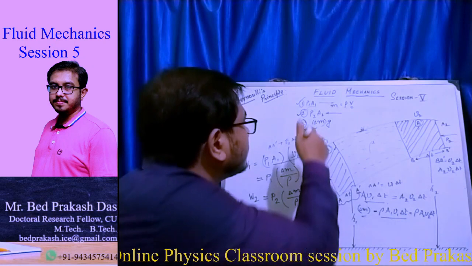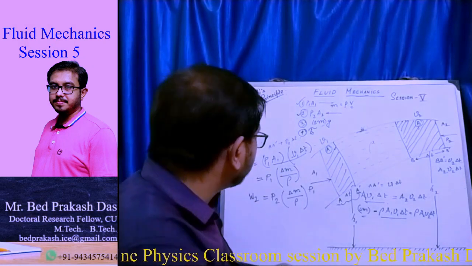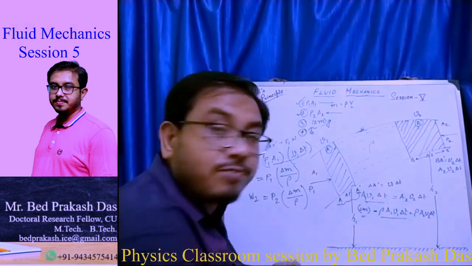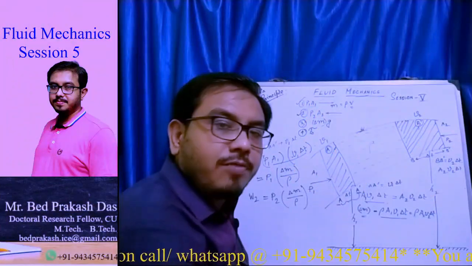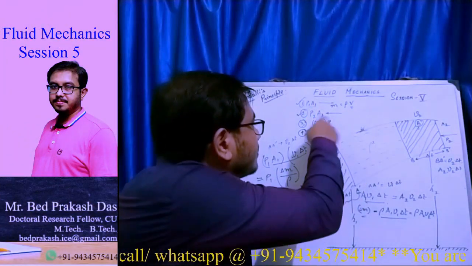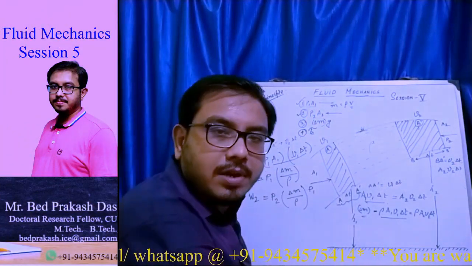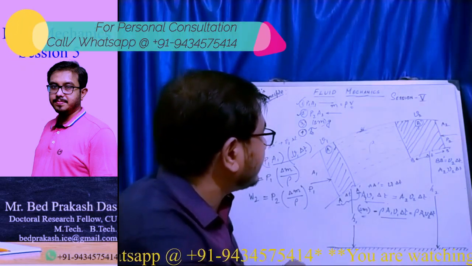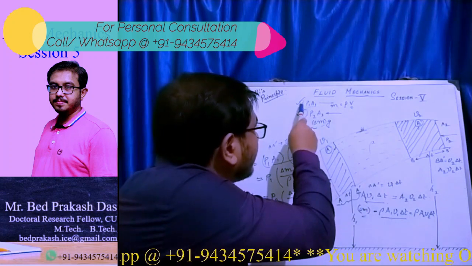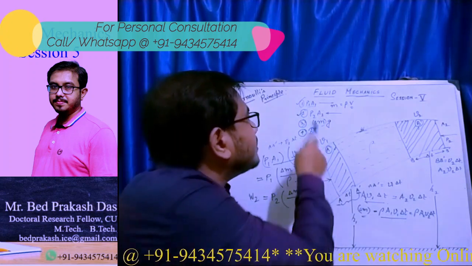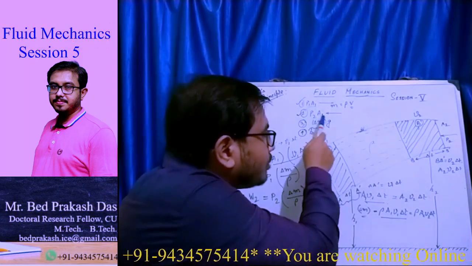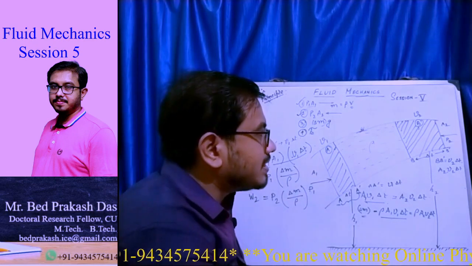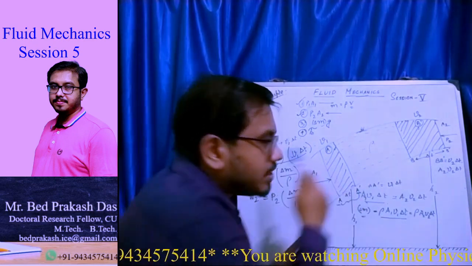What will be these two work terms we have to take into consideration. Before going to the analysis due to the weight of the liquid and the contact force, we have to consider that W1 and W2, that is the P1 A1 and P2 A2 forces, are opposite to each other.